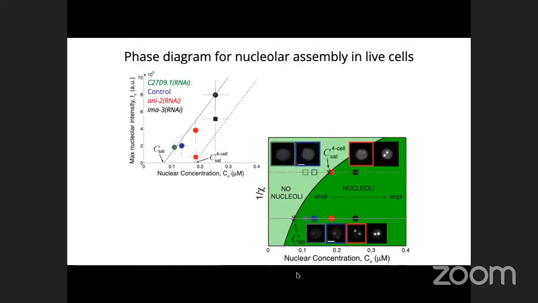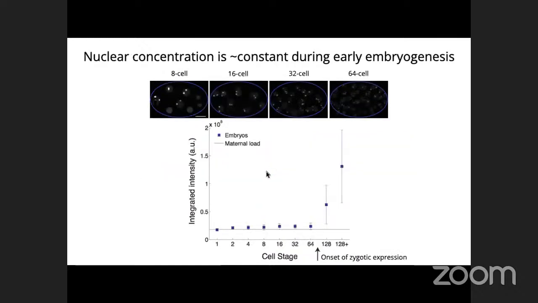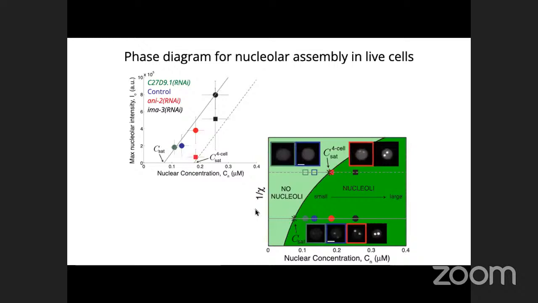At the 4 cell stage, there is a different interaction parameter, and so it moves up, and that changes the saturation concentration, but the concentration of the protein in the cell doesn't change. Now the saturation concentration is in the middle. So these cells don't assemble, these cells do. And the further into this phase separated region, the larger they are.